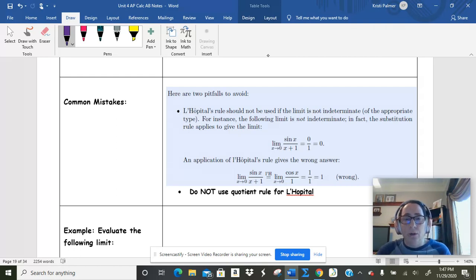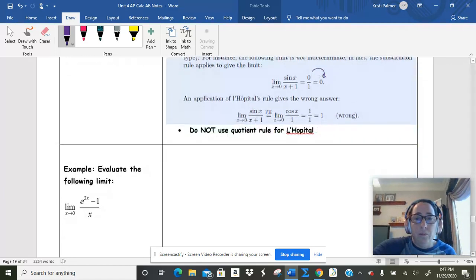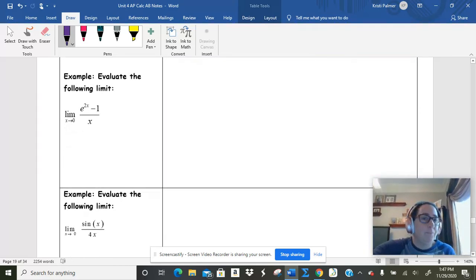L'Hopital only works if you yield an indeterminate form. So this limit would be 0 over 1, and that answer is 0. If I tried to do L'Hopital, derivative, plug in 0, I get the wrong answer. Make sure that you are using it appropriately, only when you get an indeterminate form.